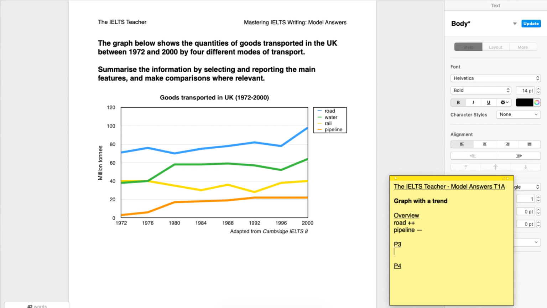But you might also go on a more thematic level. For example, if you were looking at a task and the task was looking at different sports, and 2 of the sports involved a ball, like football and basketball, and 2 of them didn't, like running and swimming, then you might look at running and swimming together and football and basketball together.